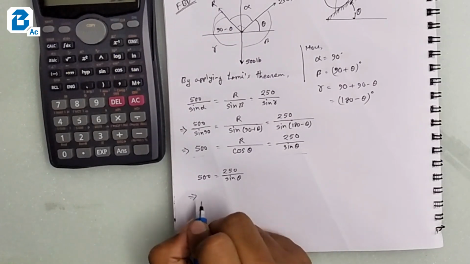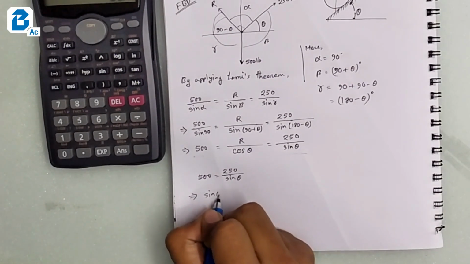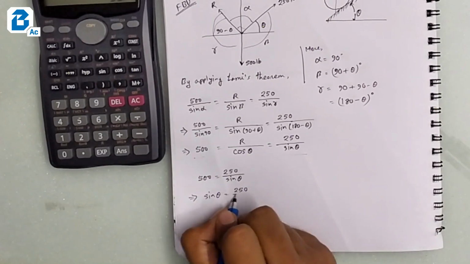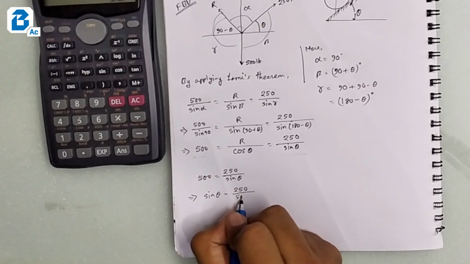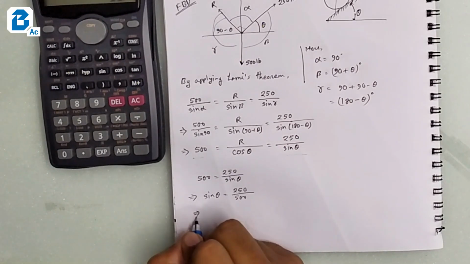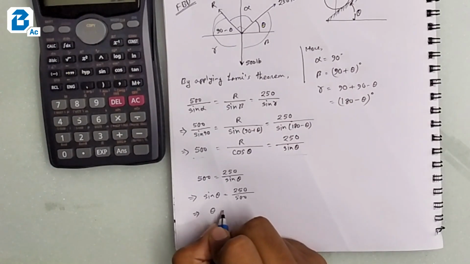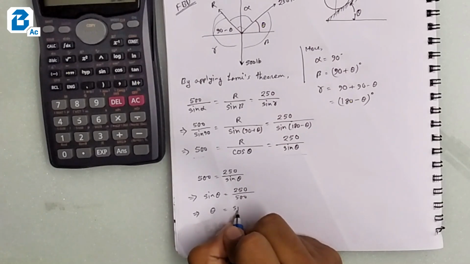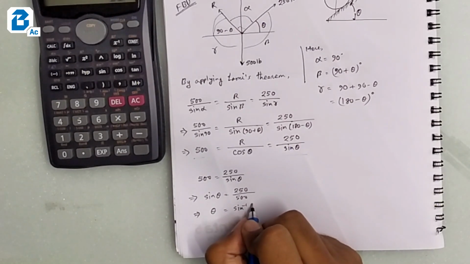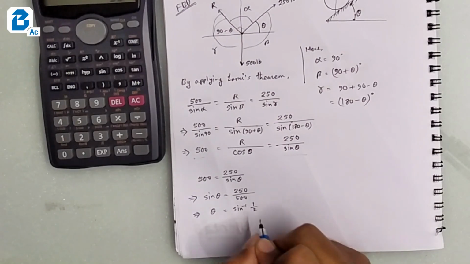Then sine theta equals 250 by 500, or we can write theta equals sine inverse half.